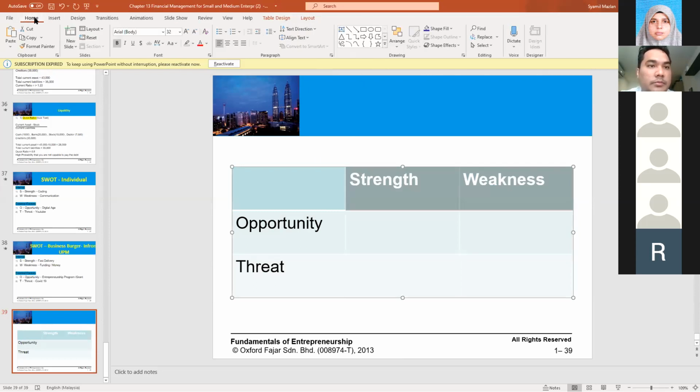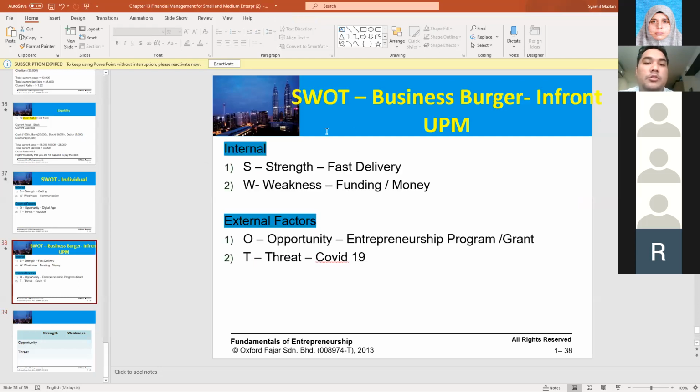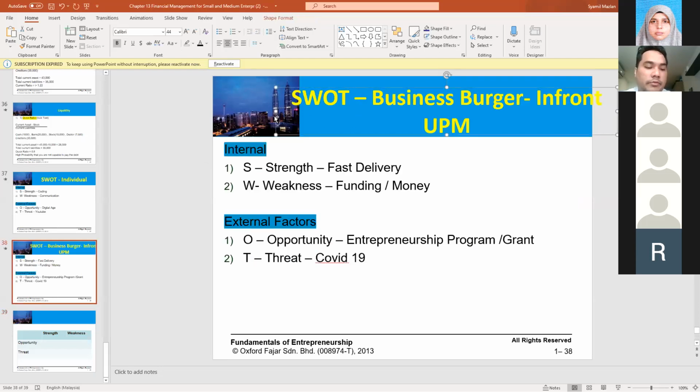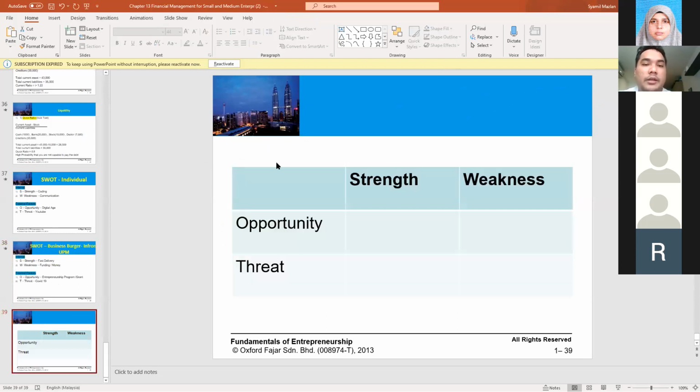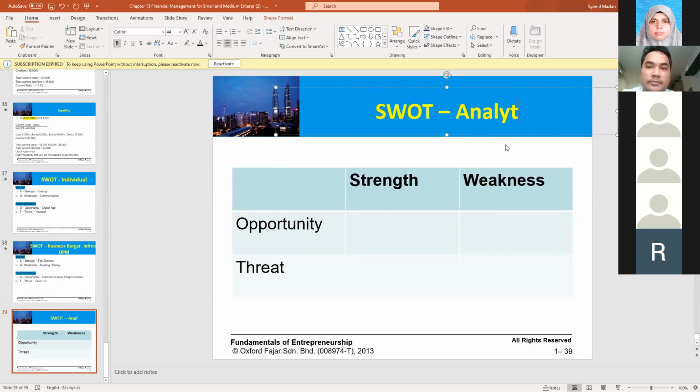I want my text also. Okay, so this is how we actually do a SWOT analysis. First you identify what is your strength, weakness, opportunity and threat. And now we are making the analysis.